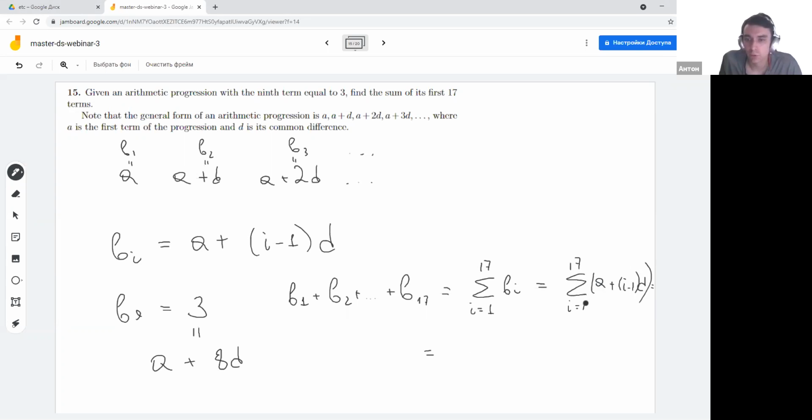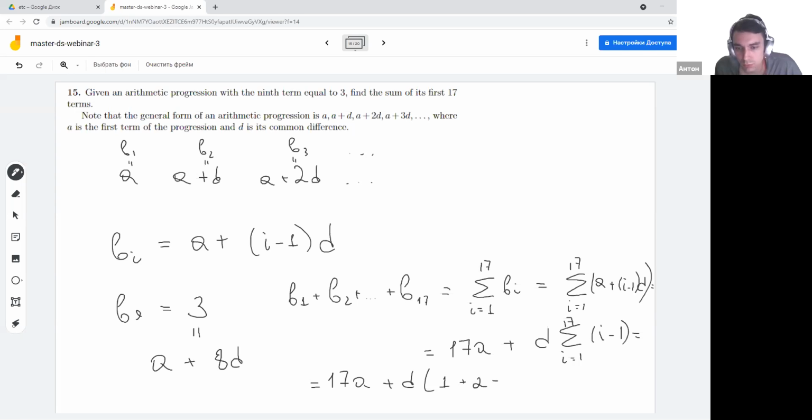So first of all, there's a that is added 17 times. So it's just 17 times a plus d times the sum of this. Well, maybe this notation scares you. Don't worry, I will just rewrite it. I hope that it's still seen here. Please let me know in the chat if it's too low.